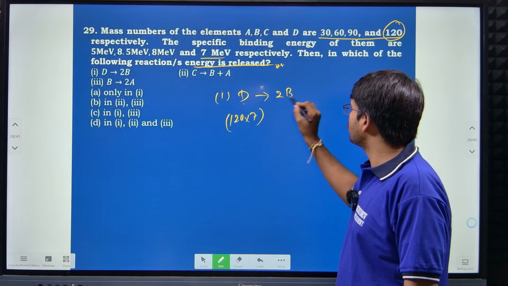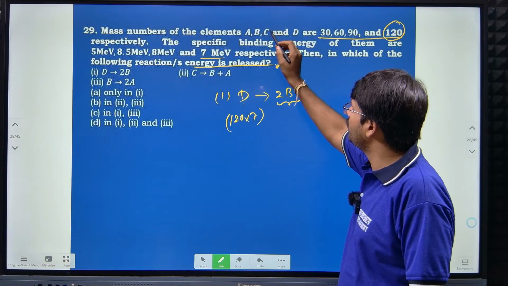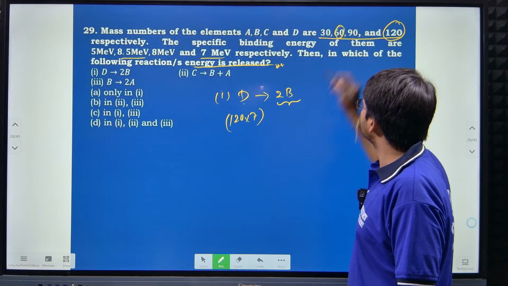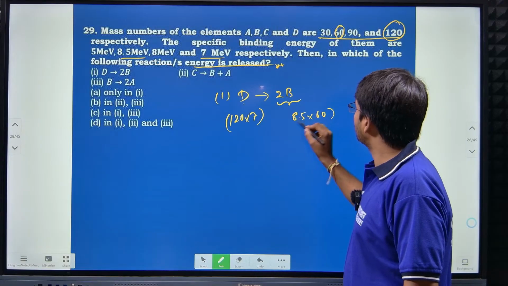And then, what is the total binding energy of the product here? B has 8.5 multiplied by 60.